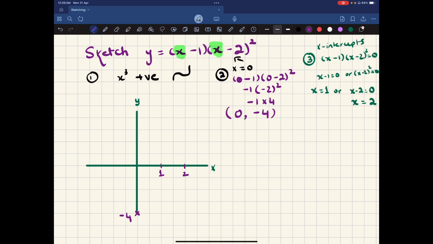So the graph has to be tangent at this point. Tangent and this. Oops.